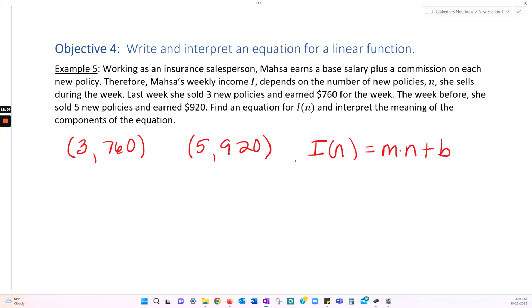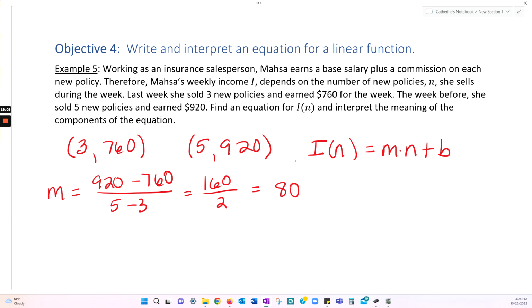Okay, so the slope is going to be the difference in her incomes, 920 minus 760, over the difference in the n values, the number of new policies. So that's 160 over 2. So that's 80.